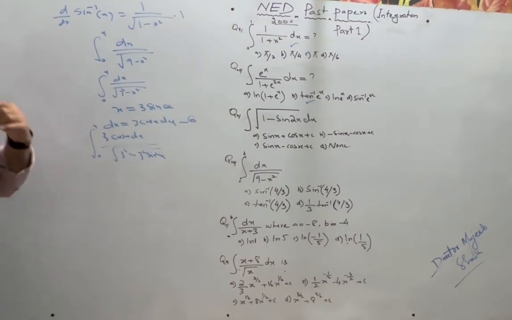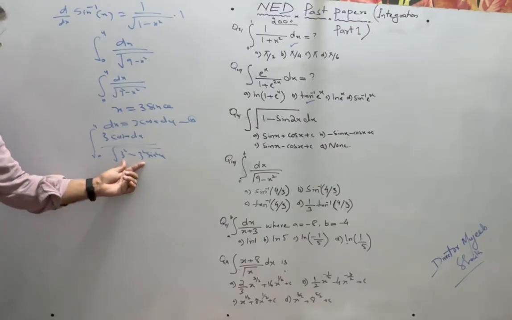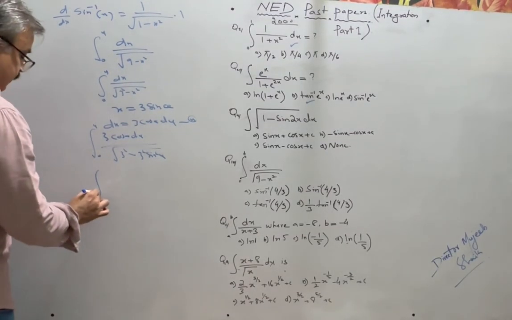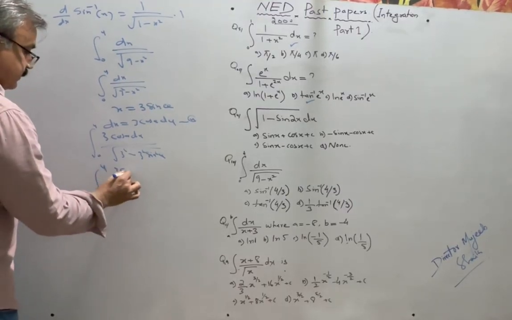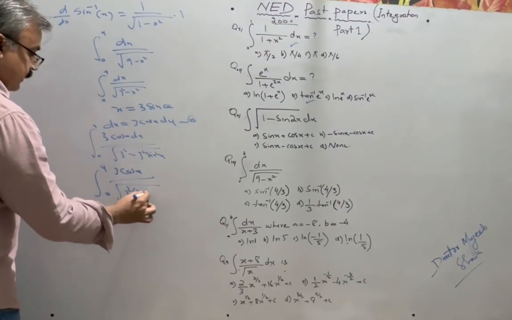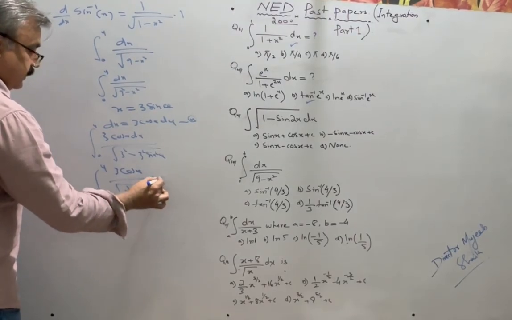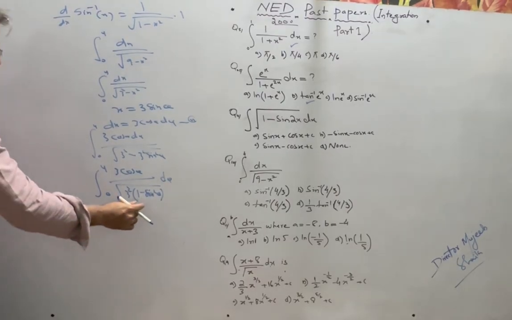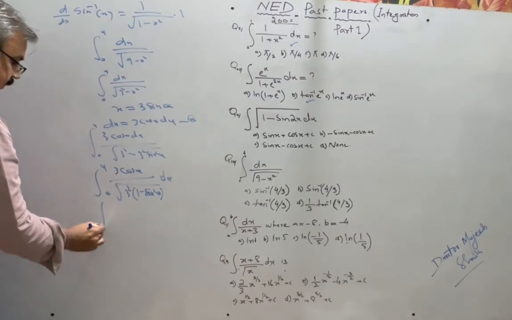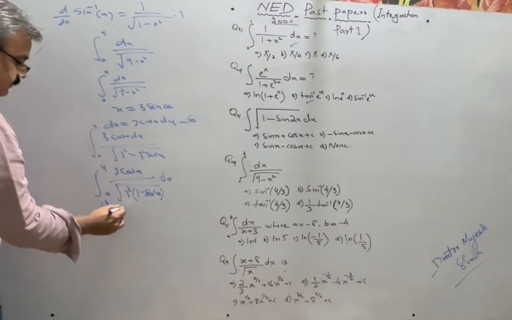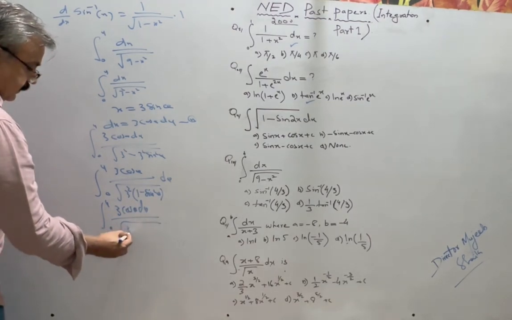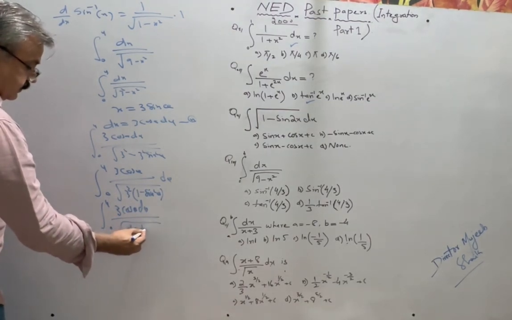Taking 3 square common, I am left with 1 minus sine square. 1 minus sine square is equal to cos square. There is 3 square cos square. Both are perfect square quantities. They must be out of the radical. 3 cos theta d theta over 3 square cos square.